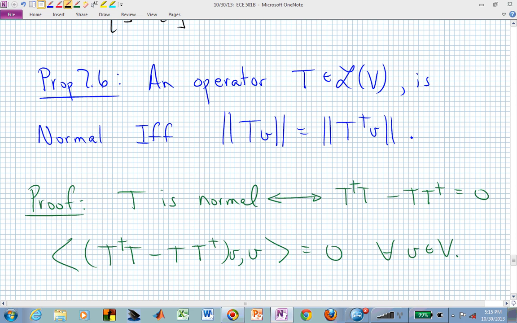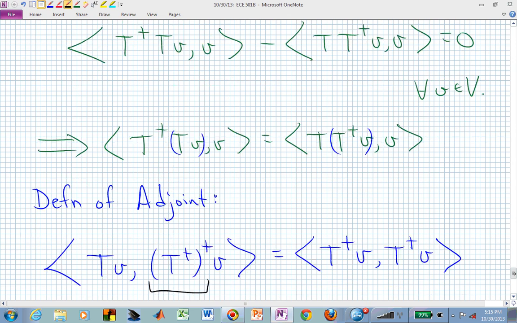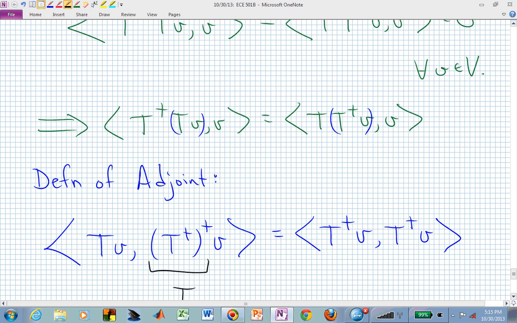Because I really have this if and only if in each of these steps. I could go in either direction. So I've sort of proved the if and only if in all of these lines in both directions, left and right.